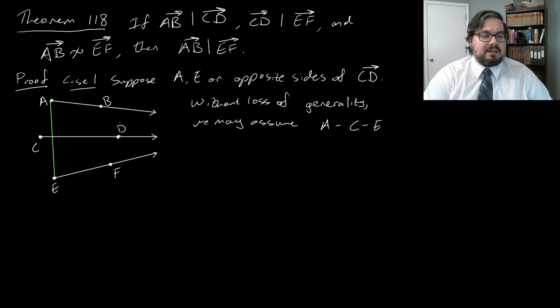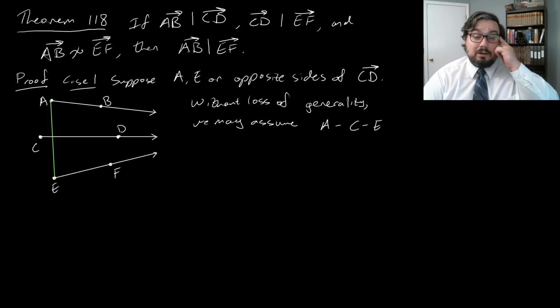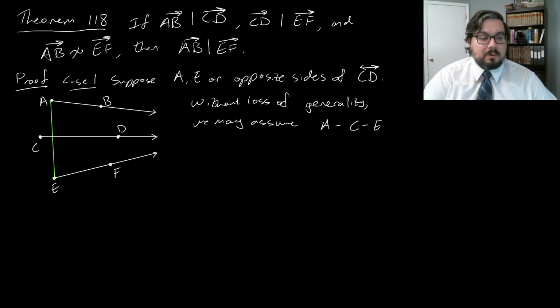And the reason for that is that we know that A and E are on opposite sides of the line CD. That should be the line CD up here. Which means that the segment connecting them intersects with the line CD at some point.